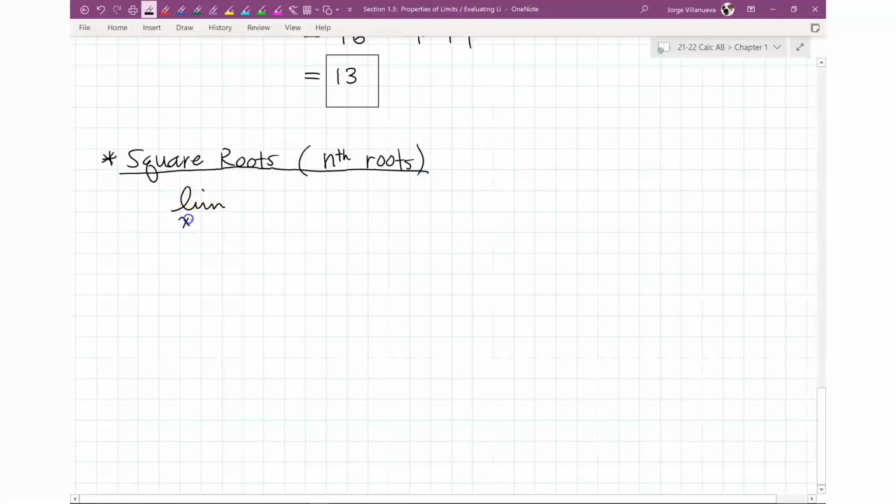If you take limits of these nth roots, actually let me just call that x. That might be easier. It's going to work just the same like direct substitution. So if you see a radical, no big difference, same idea. It does not require you to do anything majorly different.